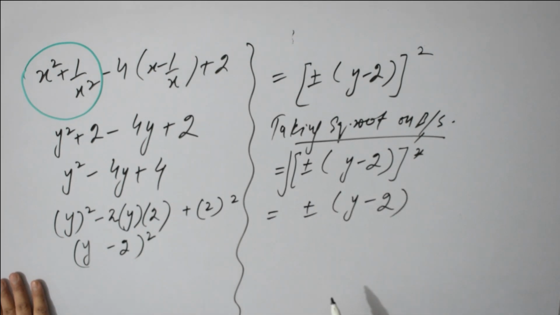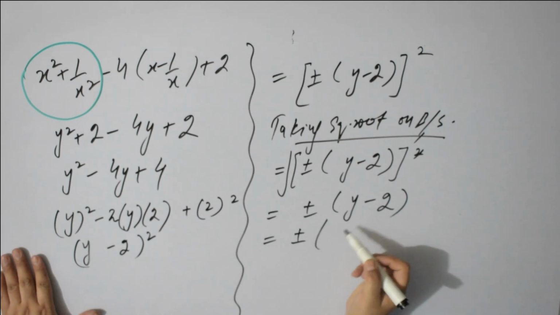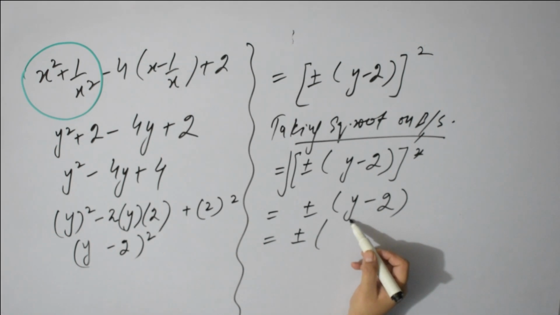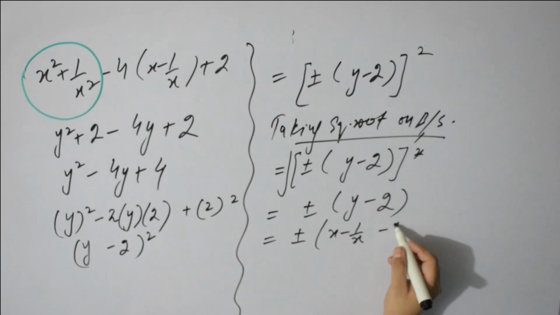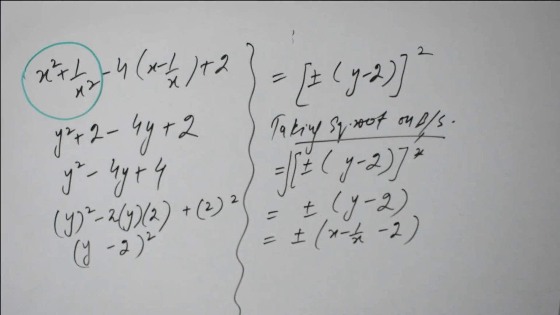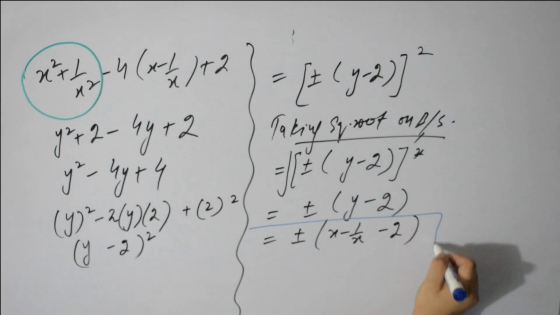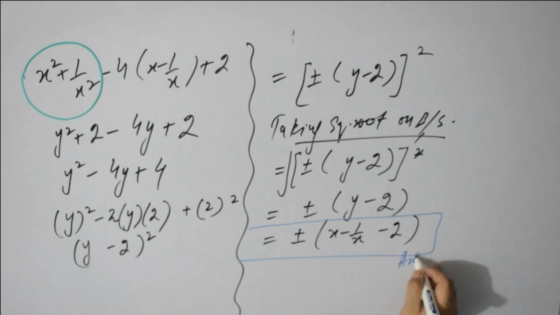You can put the value of y over here, but you should put it because your question is in the form of variable x. The value of y was I think x minus 1 by x minus 2. So this is your answer. Okay students, this is the answer.